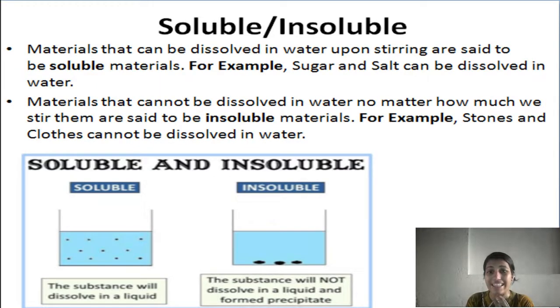Third property is soluble or insoluble. Materials that can be dissolved in water upon stirring are said to be soluble in water. For example, when you add sugar or salt, they are easily dissolved when you stir them. So they are said to be soluble substances.